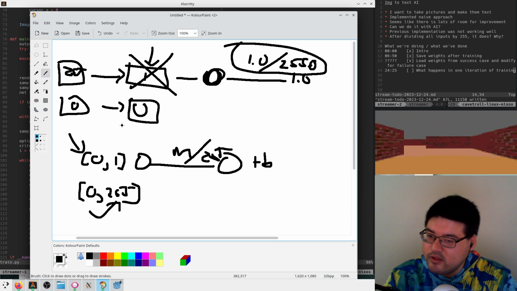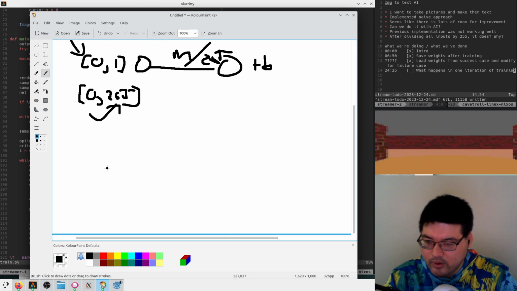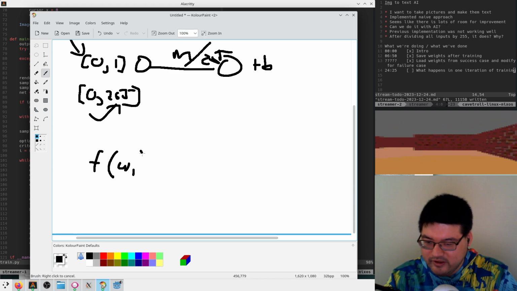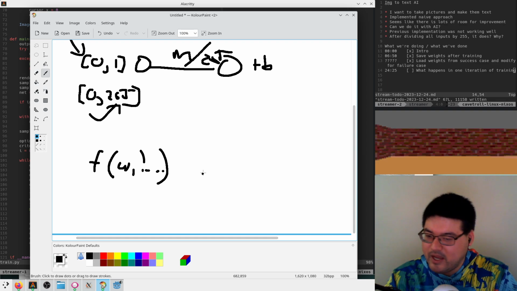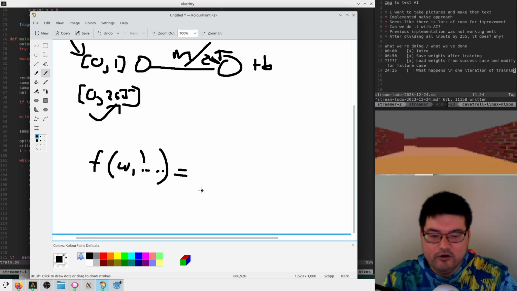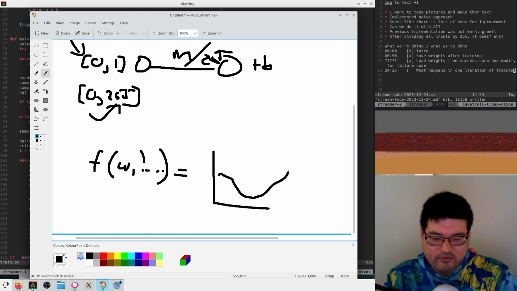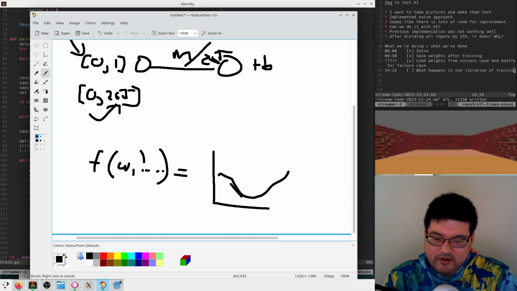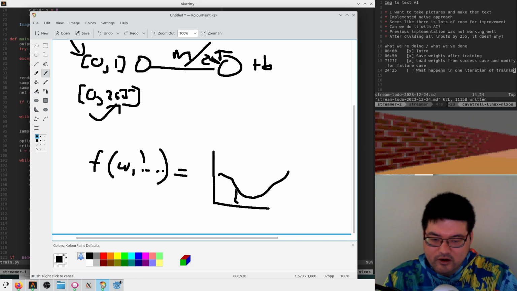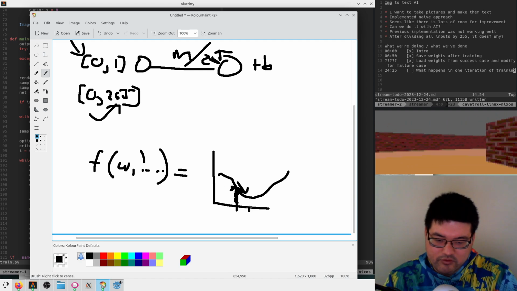And it could be that you have some function of weights. Imagine the one-dimensional case, where we only had one weight. You might have something like this, and your gradient tells you which way to go to get a lower number. Then I go down the hill to over here.